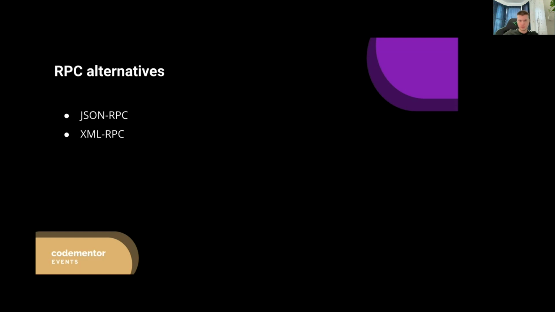That's pretty much it. The second option is XML RPC, which is really, really old and uses XML as the approach. The problem is that XML is really complex from the readability point of view, and it's not so user friendly.